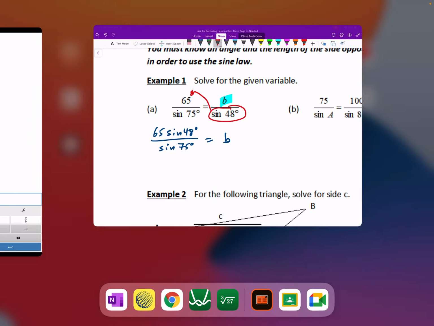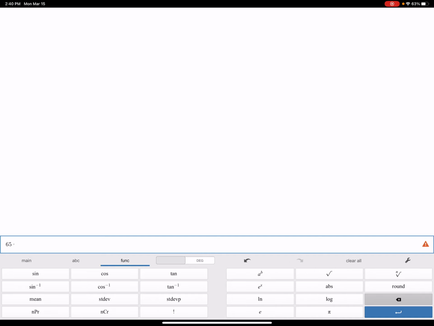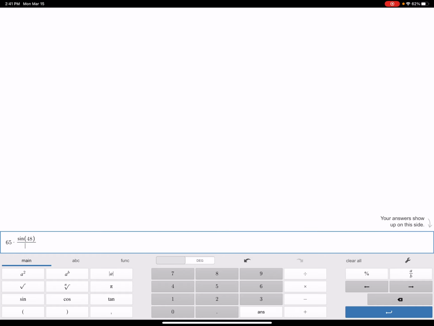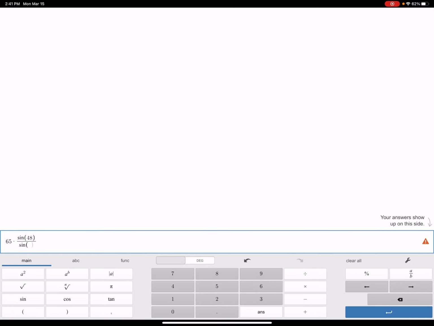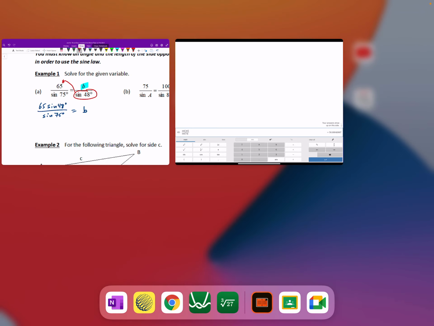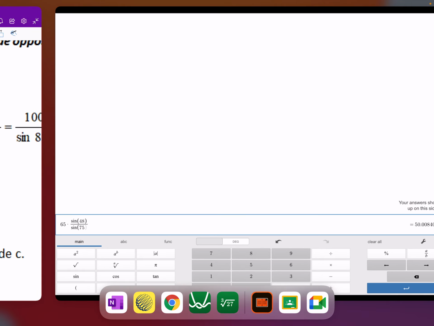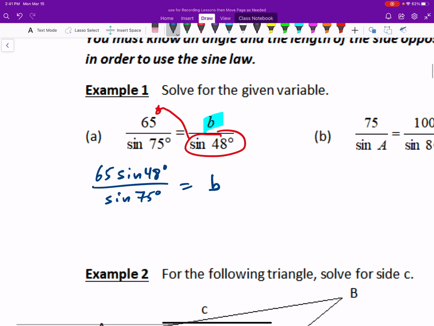So I got 65 times sine 48, and I think it was divided by sine 75, but I'll have to confirm that. 65 times sine 48 over sine 75. Calculator set to degrees, I got 50. So b equals 50. Whatever the units are, that wasn't specified, but that's my answer.